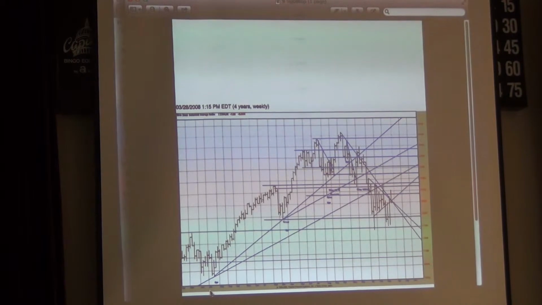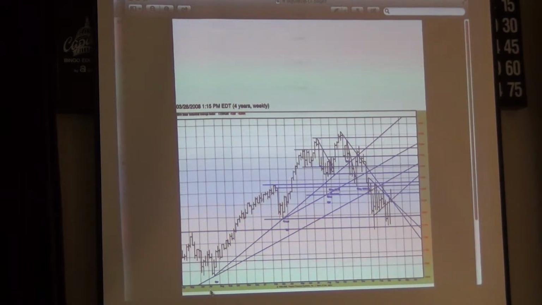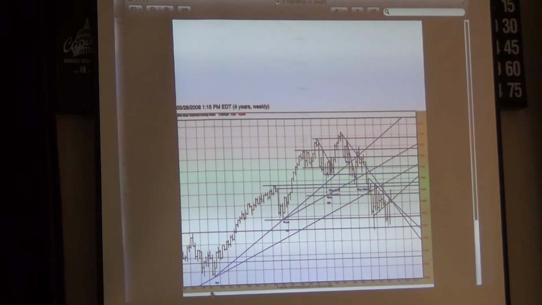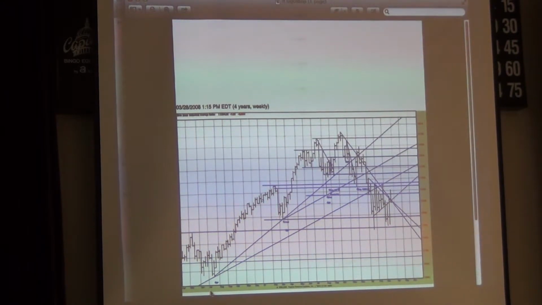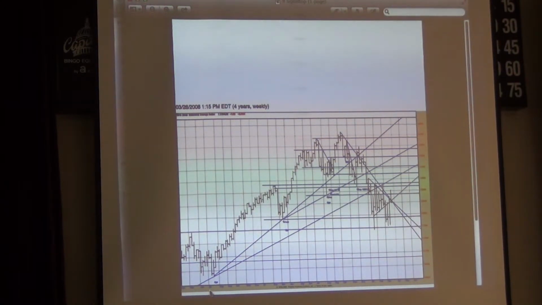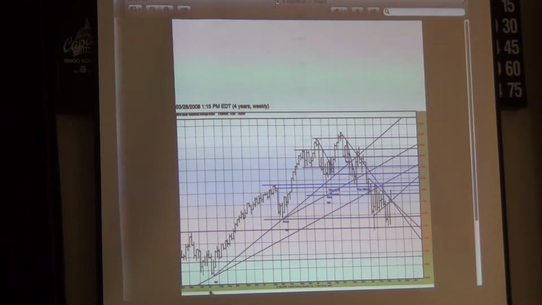And finally, you break a trend line with the power of the '09 trend line, and then all hell breaks loose, which is exactly what happened. So you draw lines on charts, and you get these warnings from the breaking of the short-term trend lines.